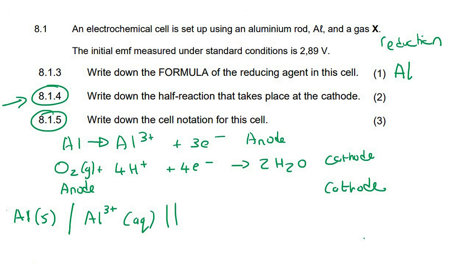Right, now we go to the next part, which is this one over here. This one's going to be really interesting because we've got substances that are aqueous, we've got substances that are gases, and water is always in the liquid phase. What's interesting is there's no solid. So what do you do when there's no solid? Because there has to be a solid. If there's no solid, then you need to use platinum, okay?